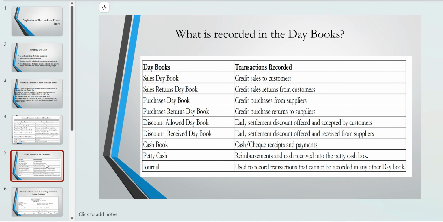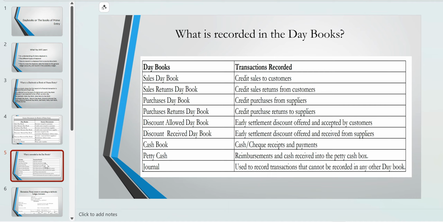Okay, so looking again at what is recorded in the day books. Sales day book, we record credit sales to customers. Sales returns day book, we record credit sales returns from customers. In the purchases day book, we record credit purchases from suppliers.